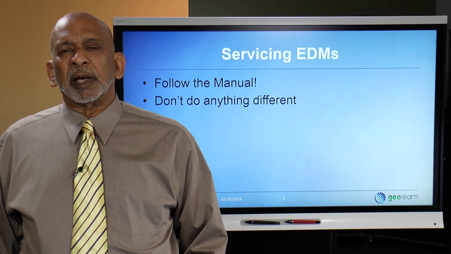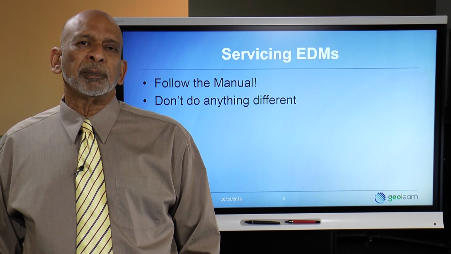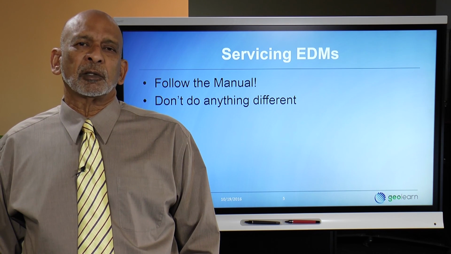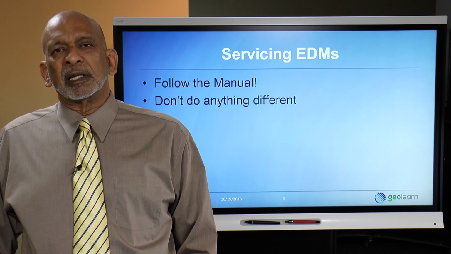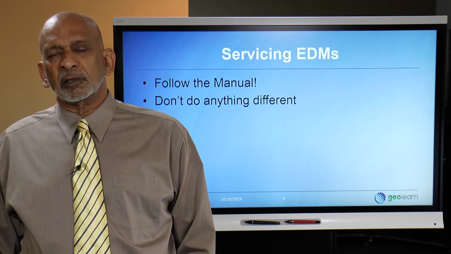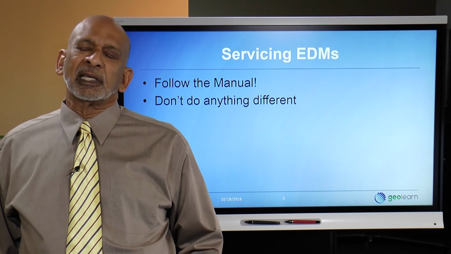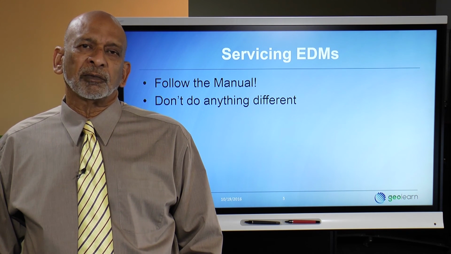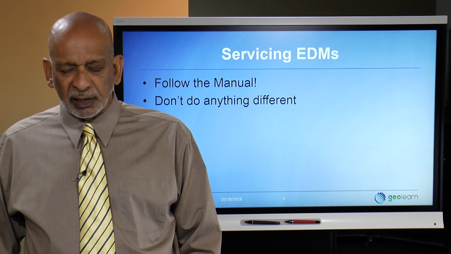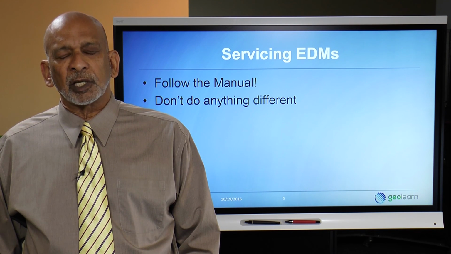There's also a little matter I want to talk about which has to do with servicing EDMs. There are many parts on some surveying instruments that surveyors can fix themselves. Pretty much in an electronic distance meter, there's not a whole lot you can fix. So if the thing isn't working properly, pretty much all you can do is send it to a qualified repair shop so that they can make the proper tests and then make the proper adjustments.